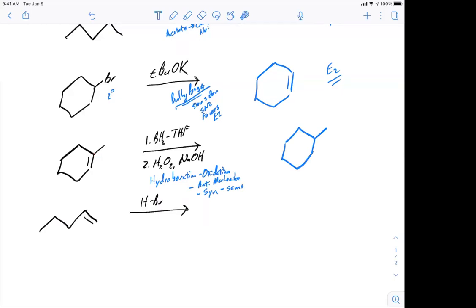So since hydroboration oxidation is anti-Markovnikov, I'm going to add my OH to the bottom, and I'm going to put that in wedge. And then that means my hydrogen on the other position is on the same side. And in this case, I would have the enantiomer. So I'd have that, plus I'd have both of them being on the opposite side.